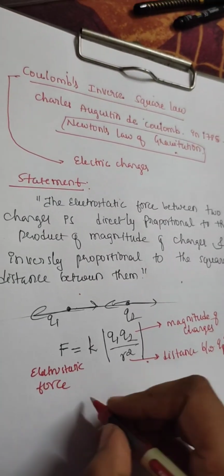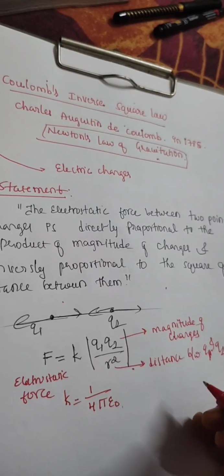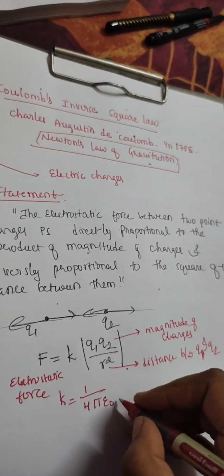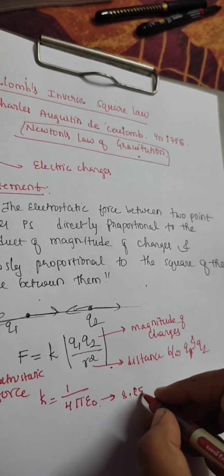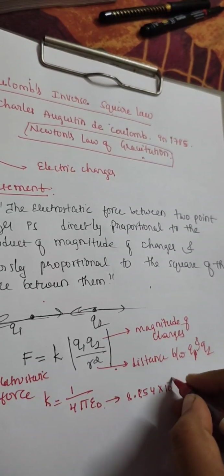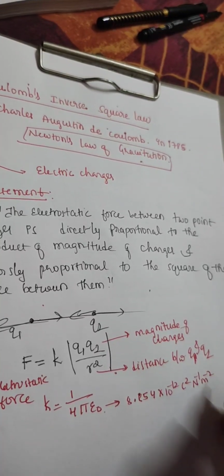K is nothing but 1 by 4 pi epsilon naught, where epsilon naught is the permittivity of free space. Its value is 8.854 times 10 to the power minus 12 coulomb squared per newton per meter squared.